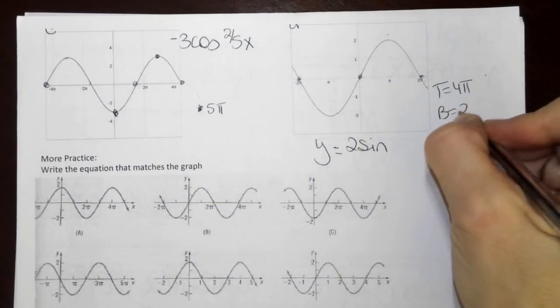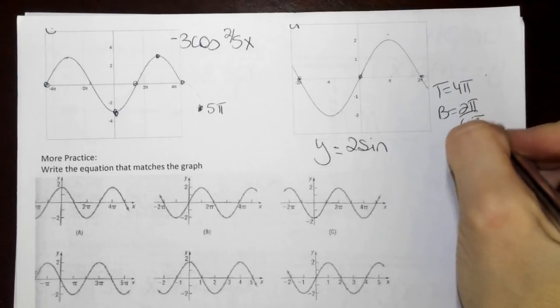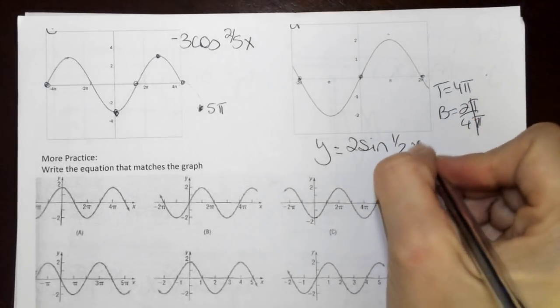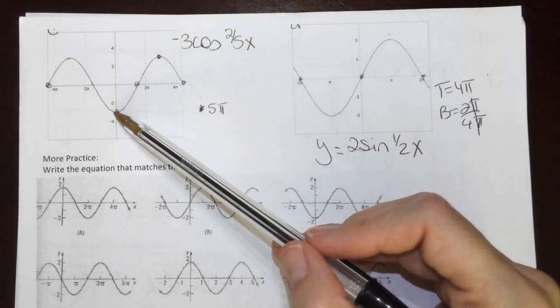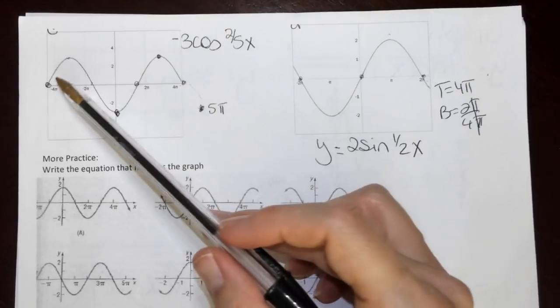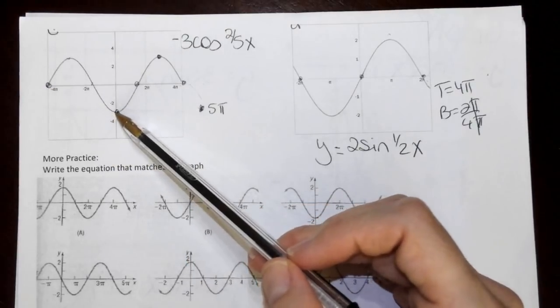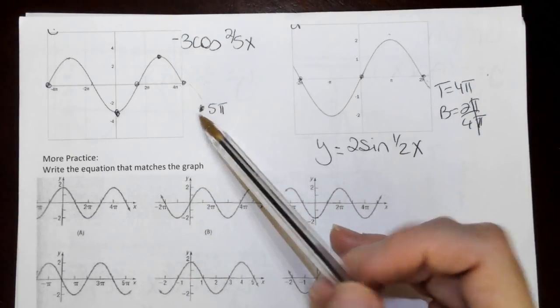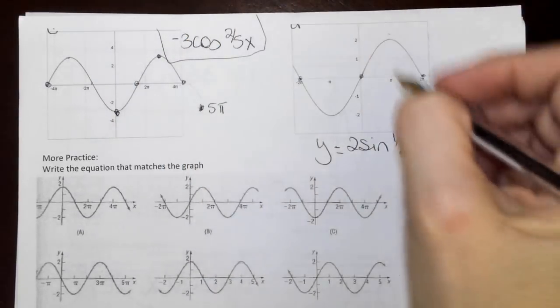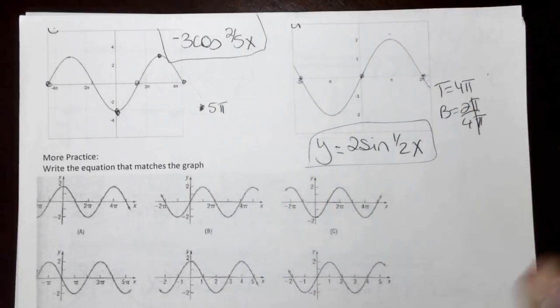So the frequency is 2 pi over 4 pi, which was 1/2 x. Okay, so I'm still not feeling really good about this one, so let me look at this one more time. Actually, it might be 6 pi. Don't worry too much about this one. Obviously, I did not pick a good graph.